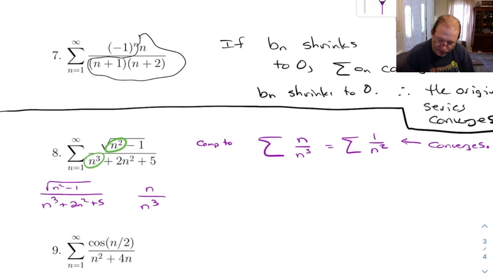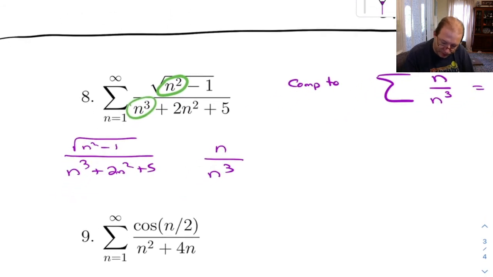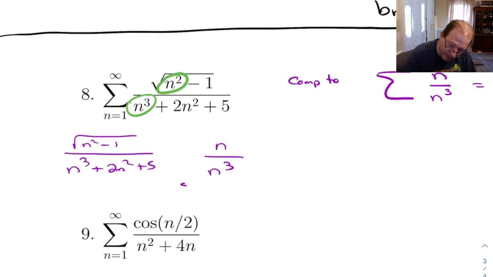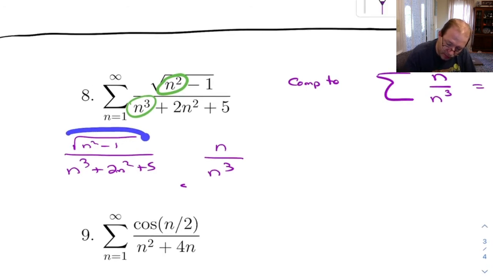All right, so now we have to look at the numerator and denominator. This over here has a bigger numerator, which makes it smaller. Up top, we have a smaller denominator, which also makes it smaller.